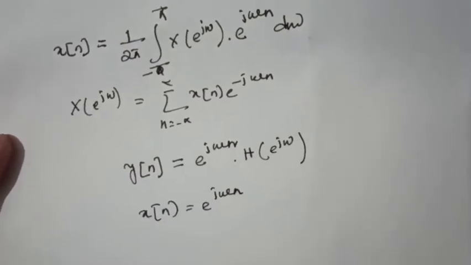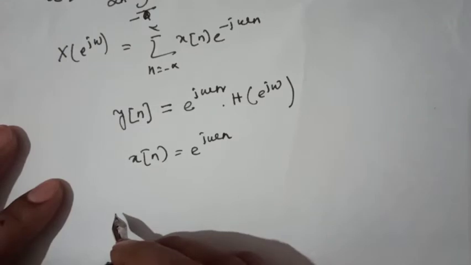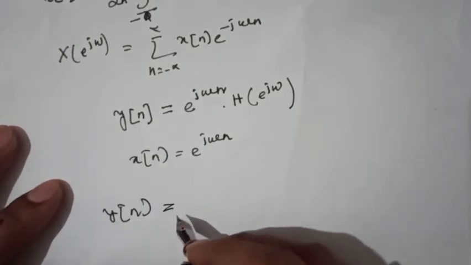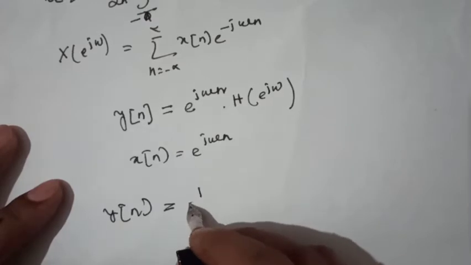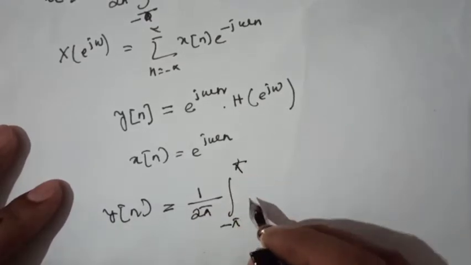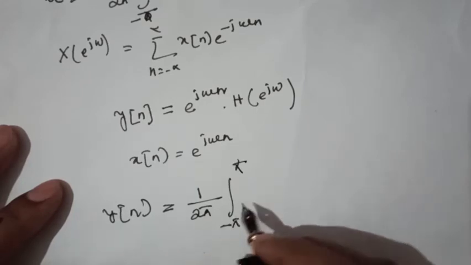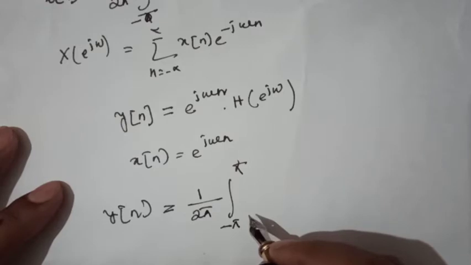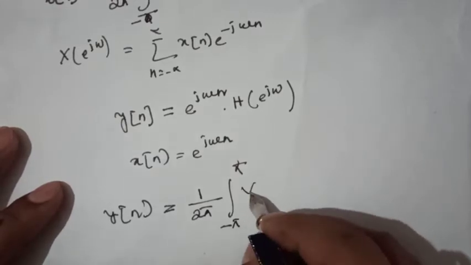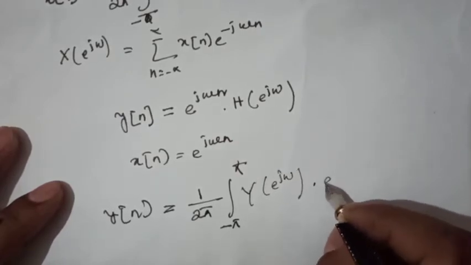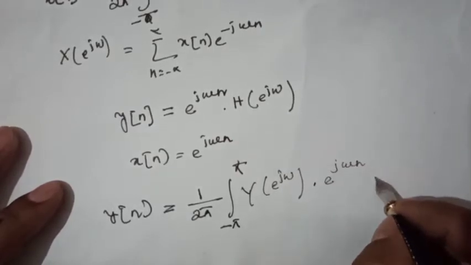Now we can simply write y of n also in terms of the IDTFT formula. That is 1 by 2 pi, integral from minus pi to pi, of y of e to the power j omega into e to the power j omega n d omega.